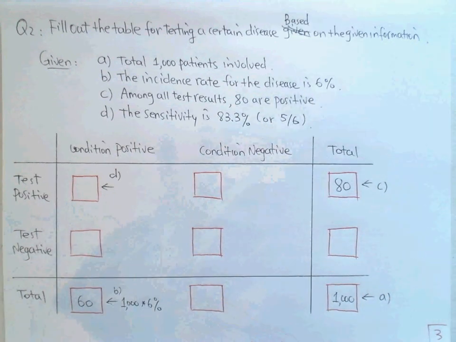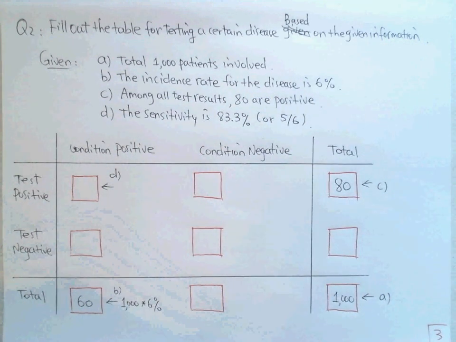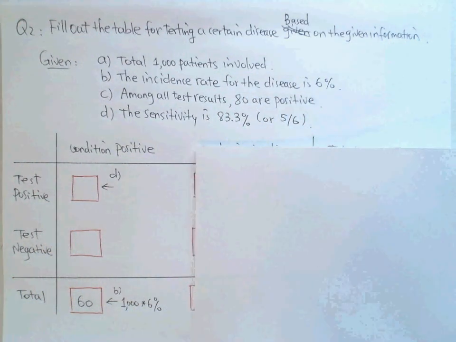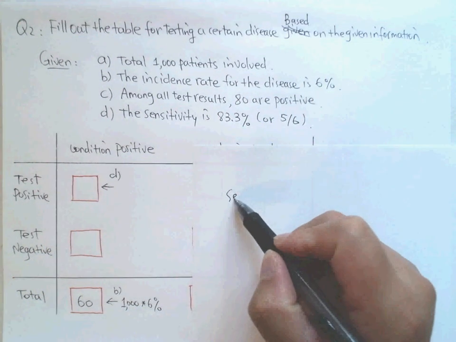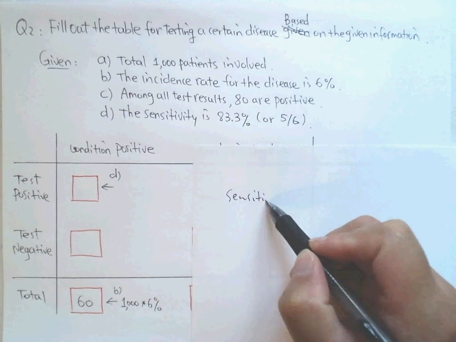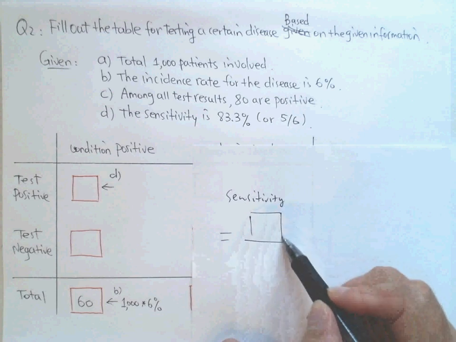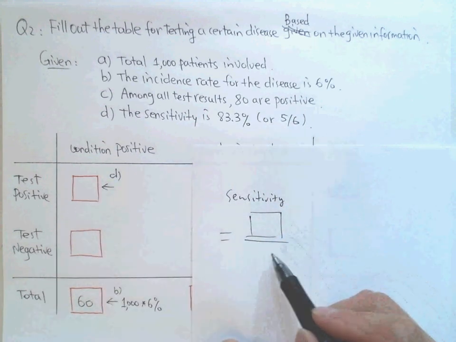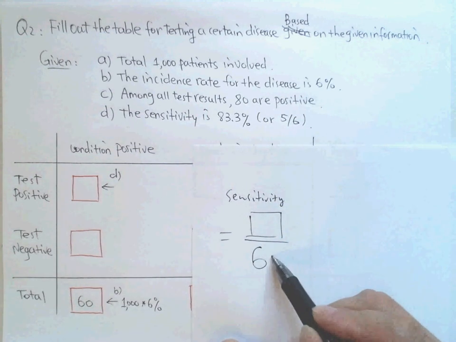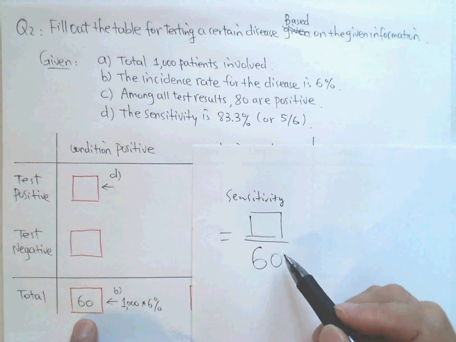Okay, we should use D, sensitivity. And if we do a simple calculation, let me show you a little. Remember, the sensitivity definition is this box, true positive, divided by total.